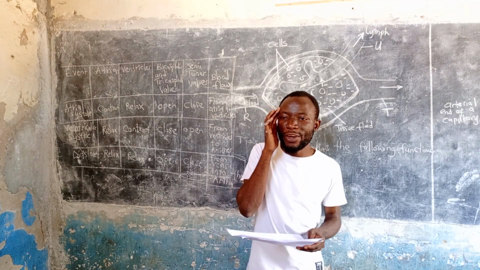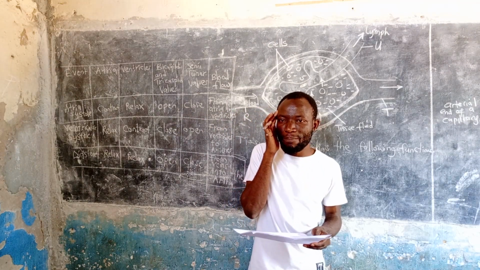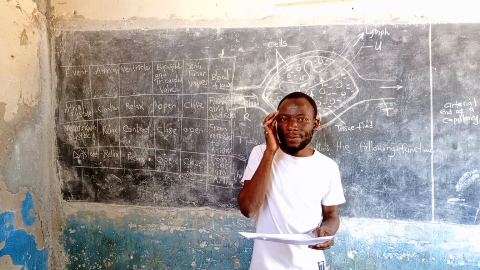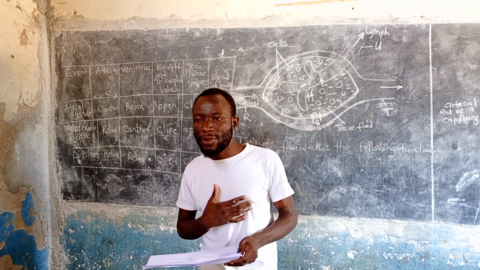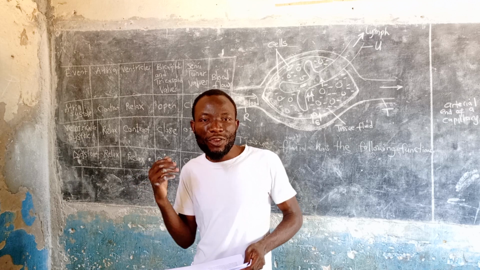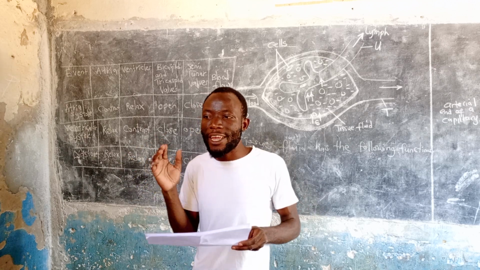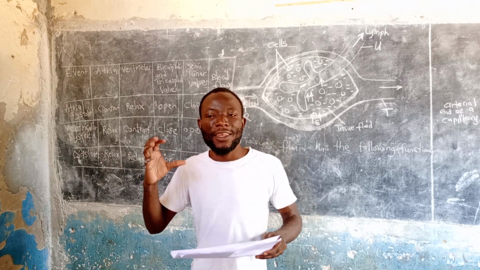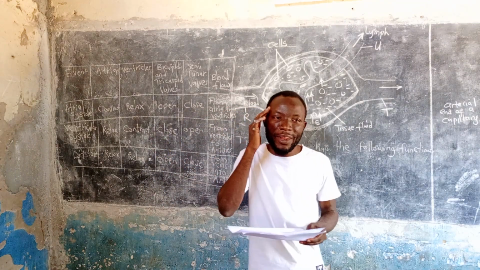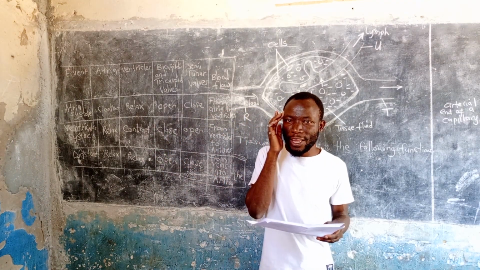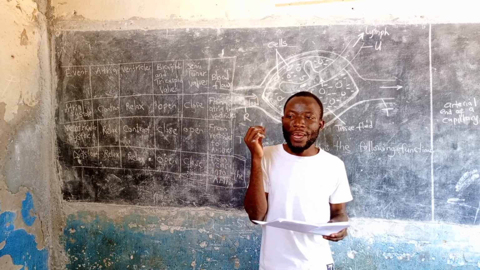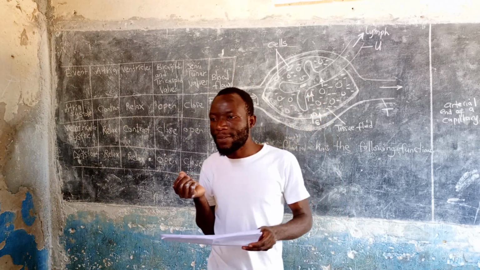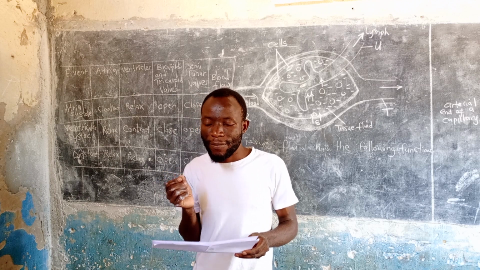If you touch here, you'll feel that pulse. That pulse is a result of the heart beating. As it is beating, it's pumping blood, and the pulse is what we are feeling as a result. It's just the expansion and contraction of the arteries as the heart is beating. Are we together?